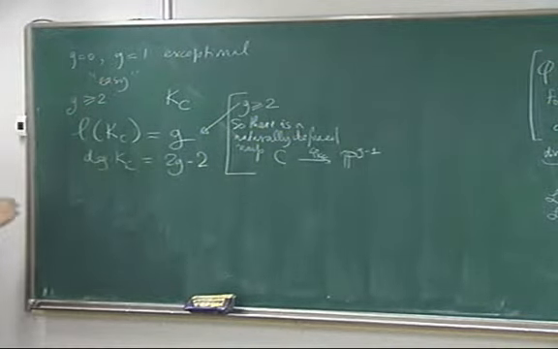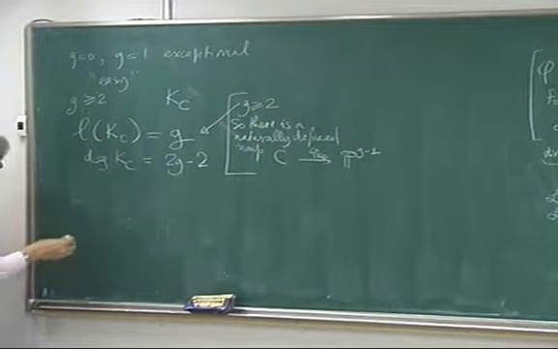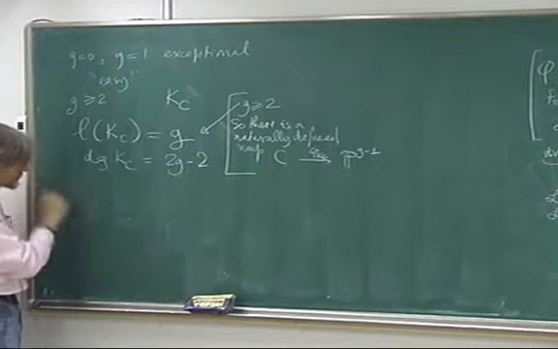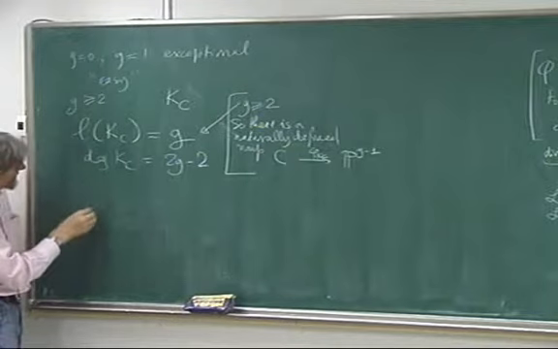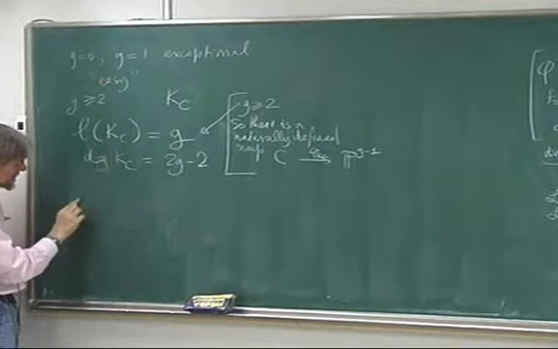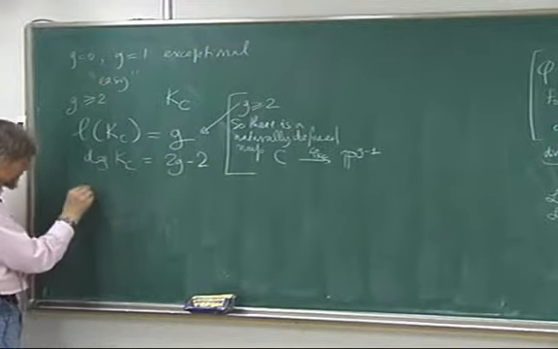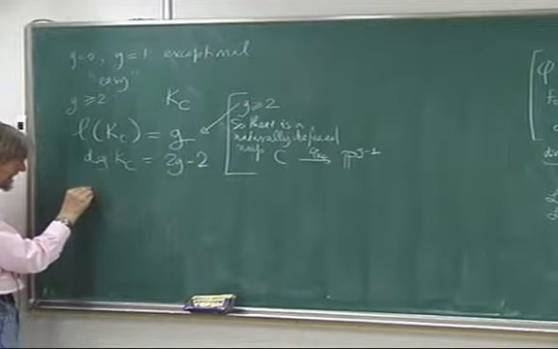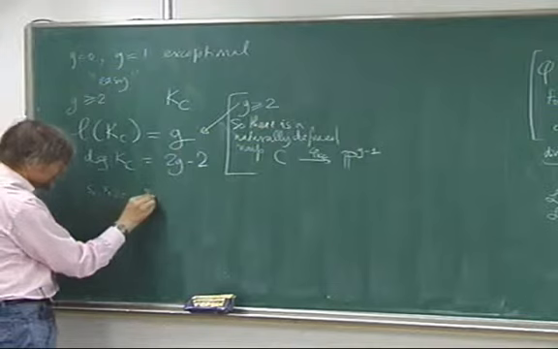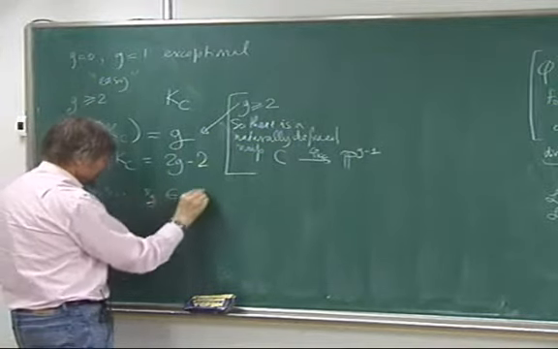Right. So let's just think about this map a little bit more. Let me take S0, S1 up to Sg in Kc.